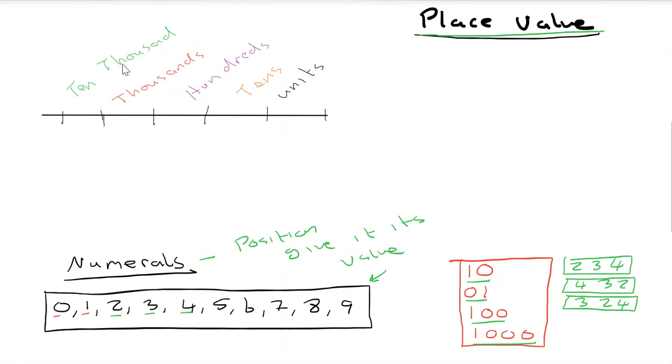There are many different positions in our counting system, but these are the first few that you need to be aware of. This is what's known as a place value diagram.